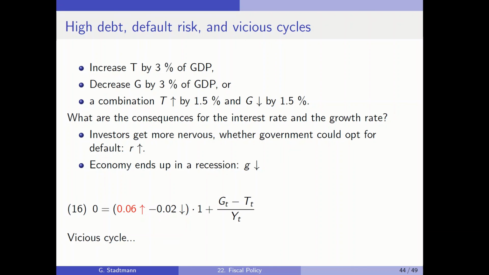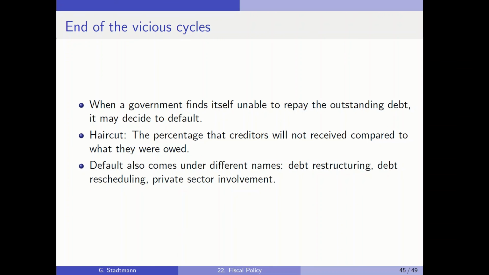At the end of this vicious cycle, it might be the case that the government finds itself unable to repay the outstanding debt, and it might decide to default. Then the government might perform a haircut and could say, for example, I'll only pay 50% of the debt outstanding. So haircut, this is the percentage that creditors will not receive compared to what they were owed.